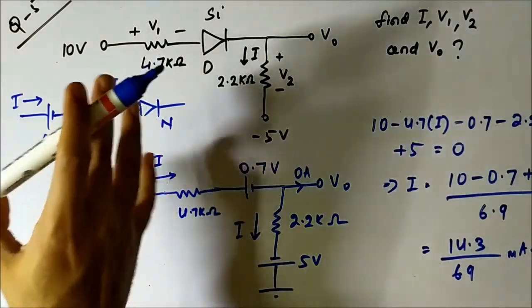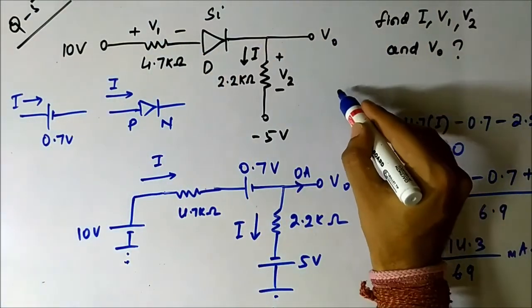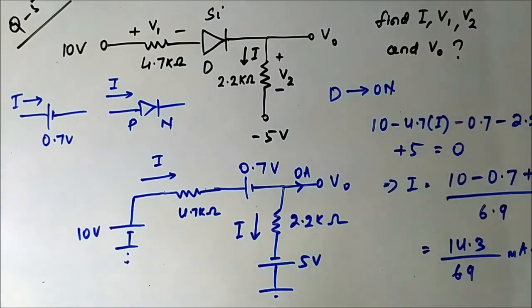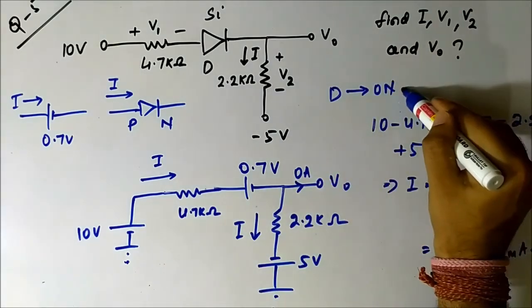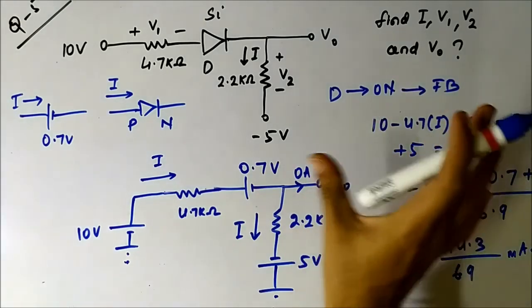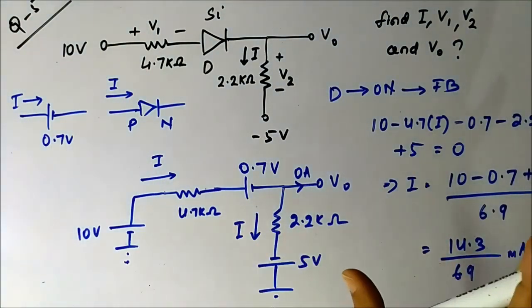So if it is flowing from P to N through the diode, it means this diode is on. Our assumption was correct. Diode is on, it is forward biased. So everything that we did with the circuit was true because our assumption was true.